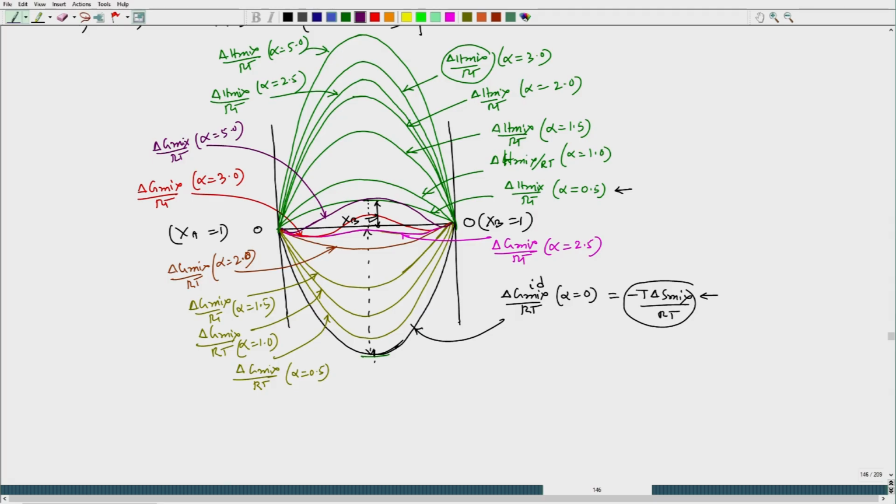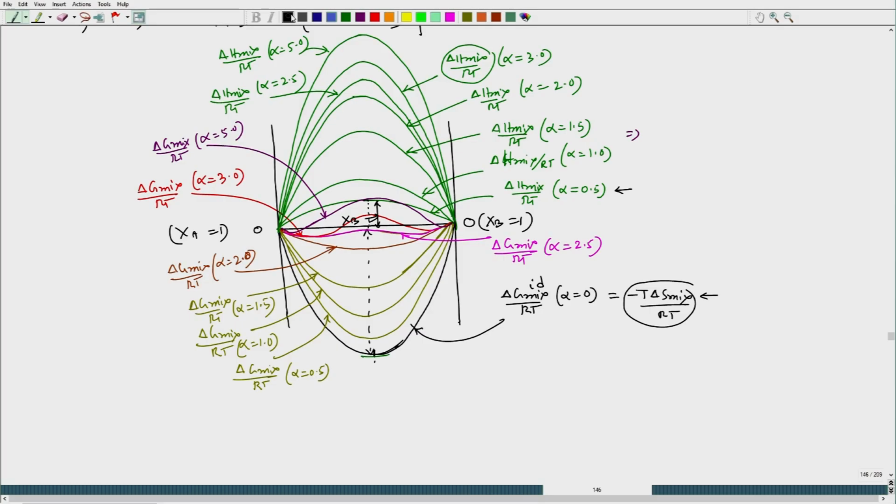Now, the question is, when delta Hmix is a very high positive value, can there be a chance that delta Gmix by RT would be always convex upward over the entire composition range? We have to answer that part. That part is interesting, because it suggests one important aspect: why can we never have a pure metal. That part also will be discussed in the next class.